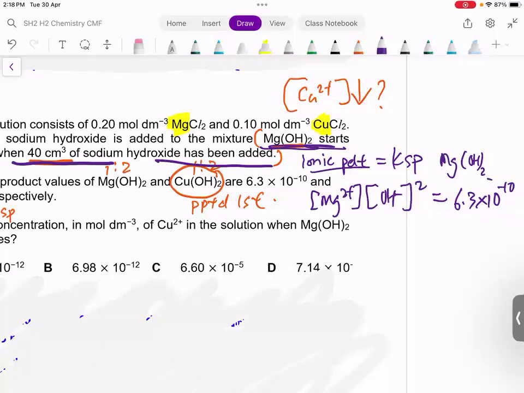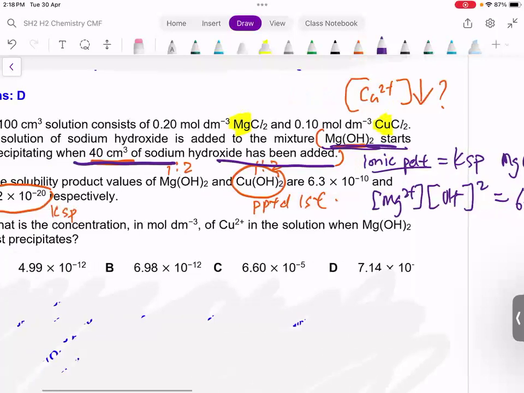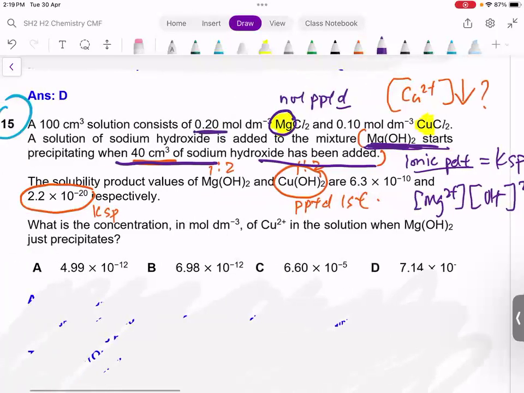Why do I know that? Because when magnesium hydroxide is about to precipitate, this means that it is not precipitated yet. So therefore you can use 0.2. But then you have to take into account that there's dilution. So the total volume at this moment in time is 140.